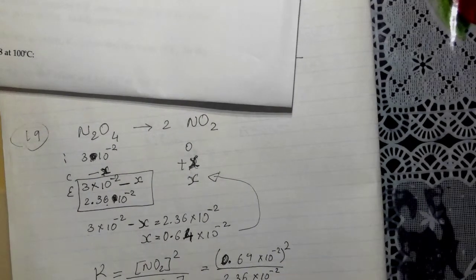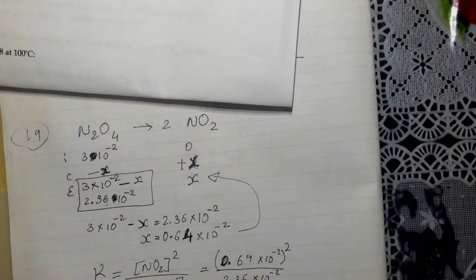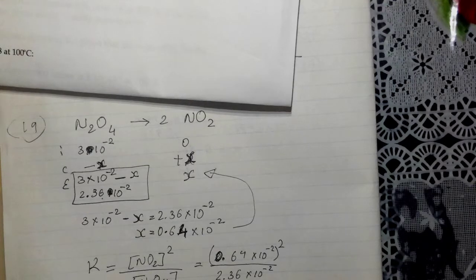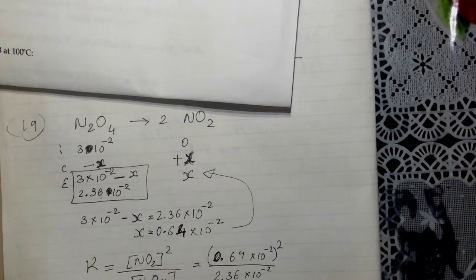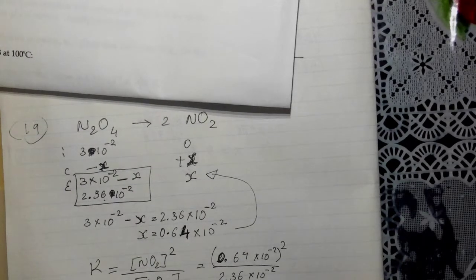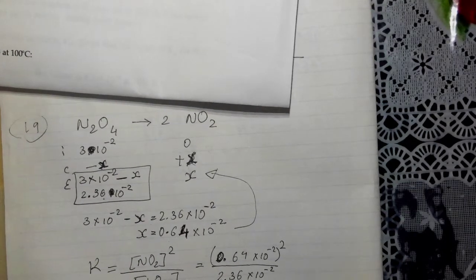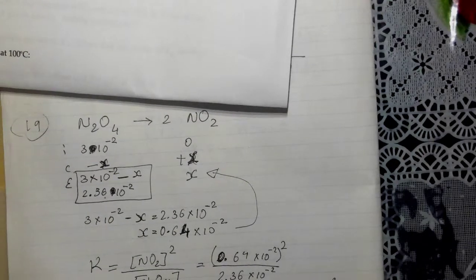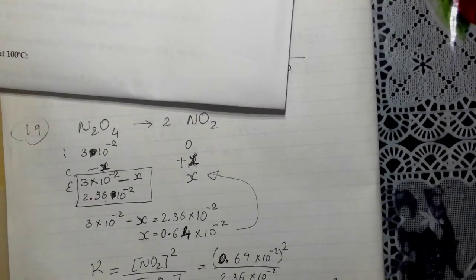So that's going to give you, I'm going to approximate things right now, so I want to say 0.6 squared times 10 to the negative 4. I can say this is about 2 times 10 to the negative 2. That will give you about 0.36 over 2 times 10 to the negative 2.